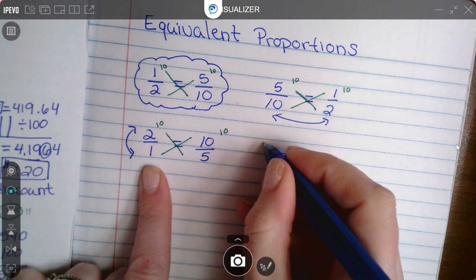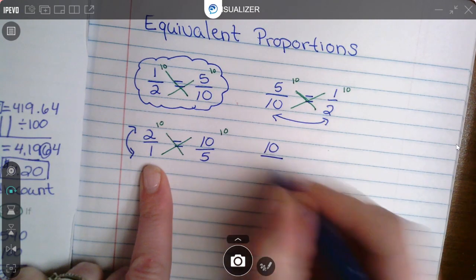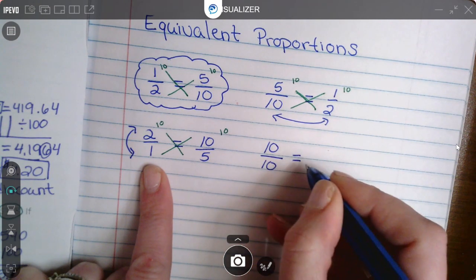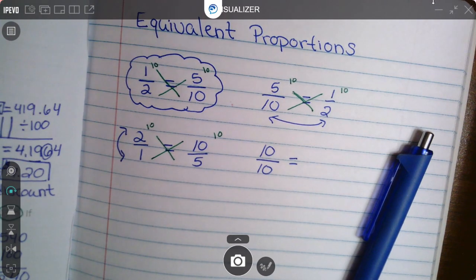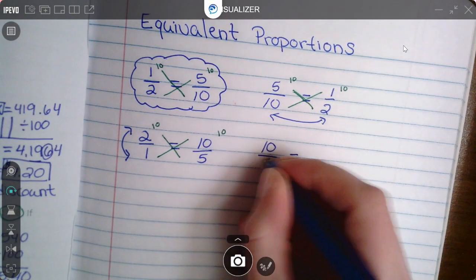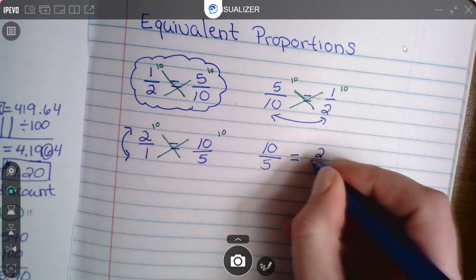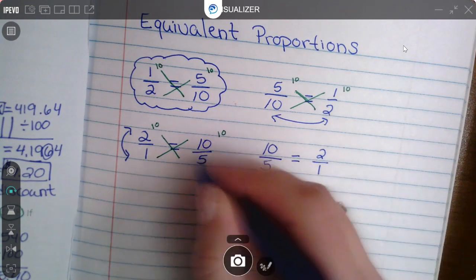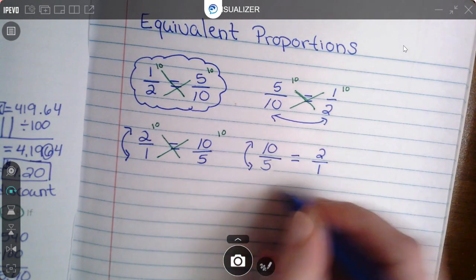So that would be 10 over 5 equals 2 over 1. So I have not only flipped this up and down, but I've also flipped it left to right.